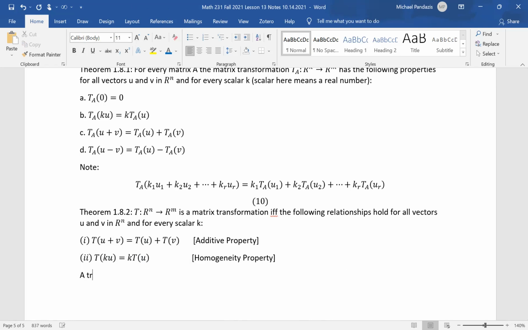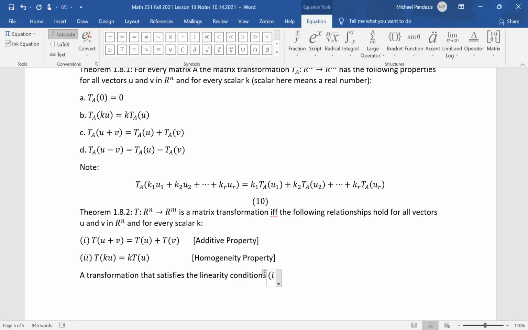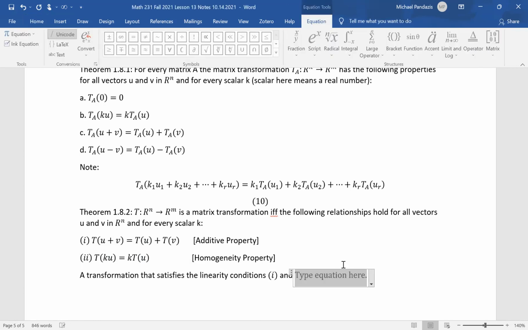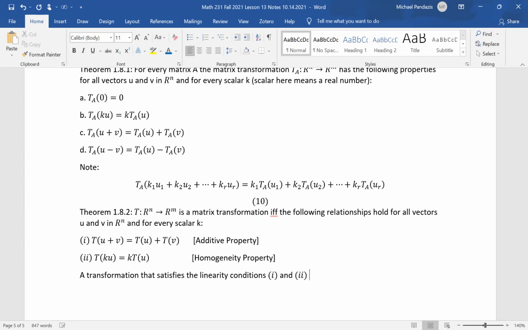Okay, so a transformation that satisfies the linearity conditions 1 and 2 in theorem 1.8.2 is called a linear transformation. Theorem 1.8.2 can be rephrased as the following.